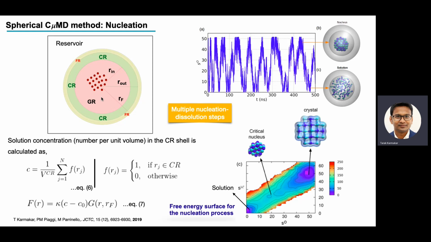From there, we could calculate the free energy surface, which is shown on the right bottom panel. It goes from solution to the crystal, and we could identify the critical nucleus, which is somewhere in between the 2 basins. So this kind of method is useful to study nucleation from solution at constant solution concentration.